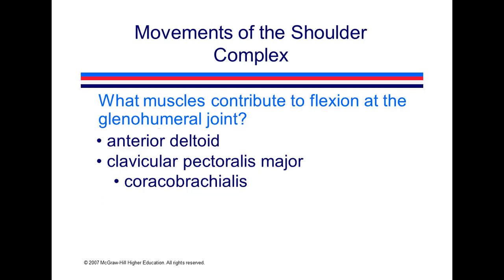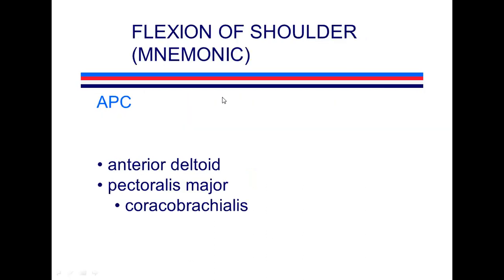Let's study the muscles that contribute to the flexion of glenohumeral joint. The three muscles that contribute to the flexion of shoulder joint are deltoid, pectoralis major, and coracobrachialis. Three muscles. So you have to remember this by the mnemonic, which is called APC. A means anterior deltoid, P pectoralis major, and C coracobrachialis. APC, flexion of the shoulder.